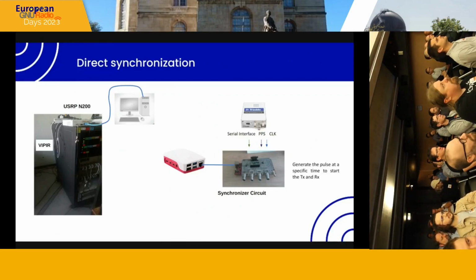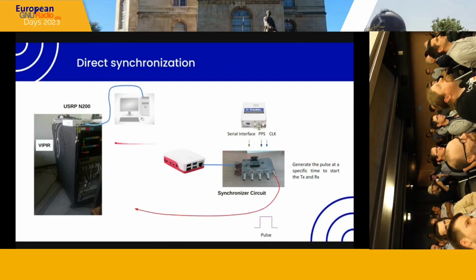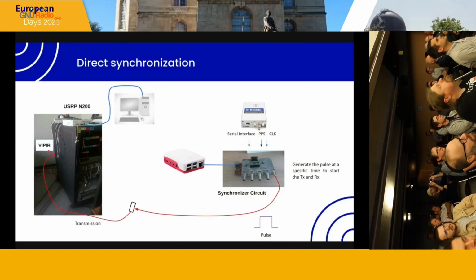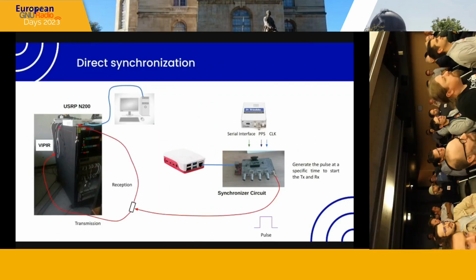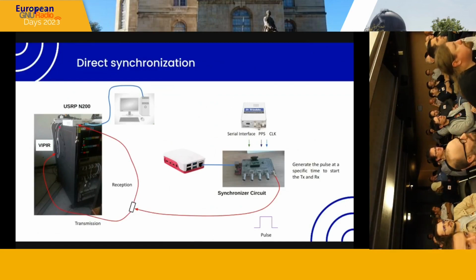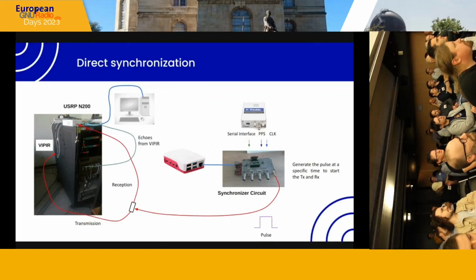So at a specific time, this synchronizer circuit will generate a pulse. This pulse will go to VIPIR to start the transmission, and will go to the USRP to recognize that the transmission was initiated, so that the USRP can start the reception. And from the front end, we'll receive the echoes directly to the USRP.